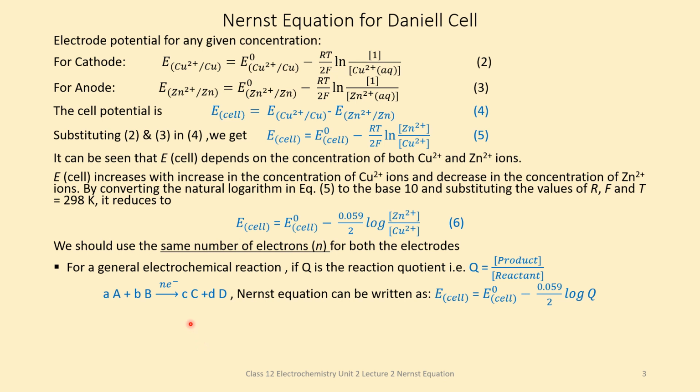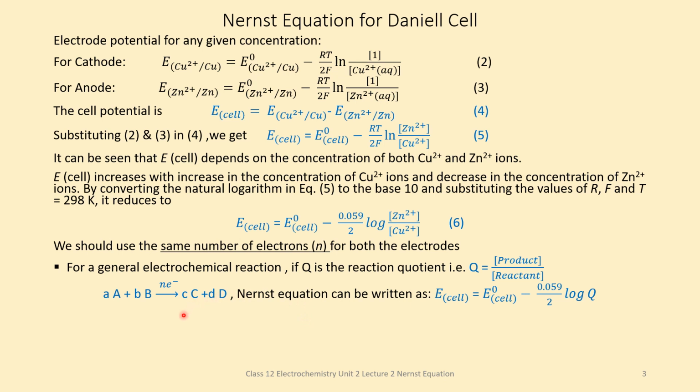That is, small a into capital A plus small b into capital B, combined with n electrons, form small c into capital C plus small d into capital D. So any general chemical reaction can be written in the form aA plus bB, and after reduction or oxidation, it becomes cC plus dD.